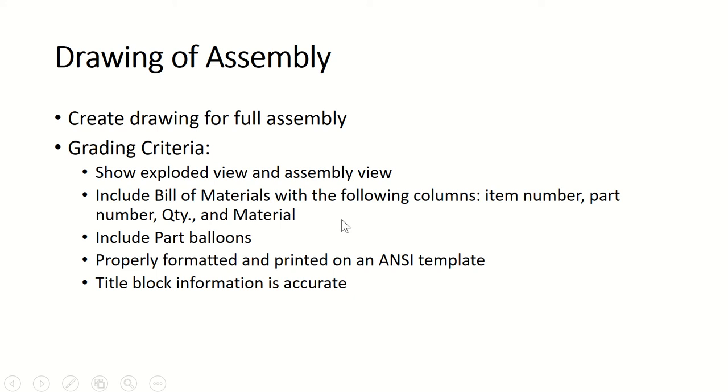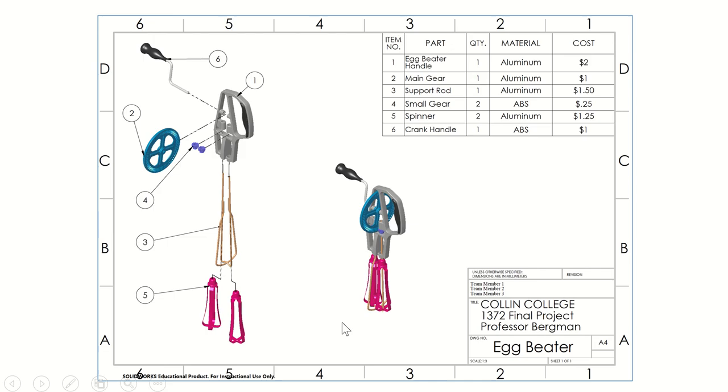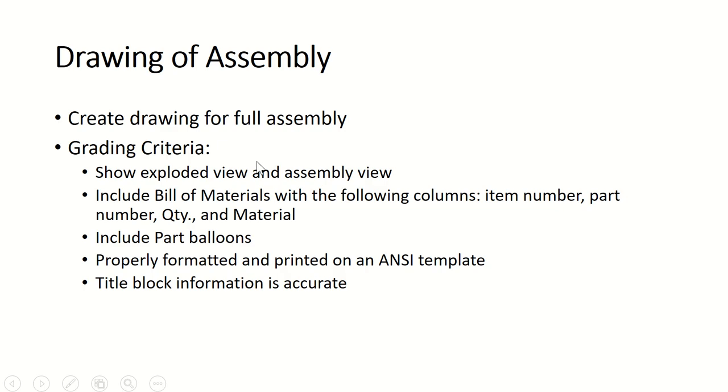It's going to include the bill of materials with the following columns in the table: item number, part number, quantity, and material. You're going to include part balloons that will show the part numbers. So I'll be able to match your bill of materials with your actual isometric view. The exploded view has these part numbers pointing to it.